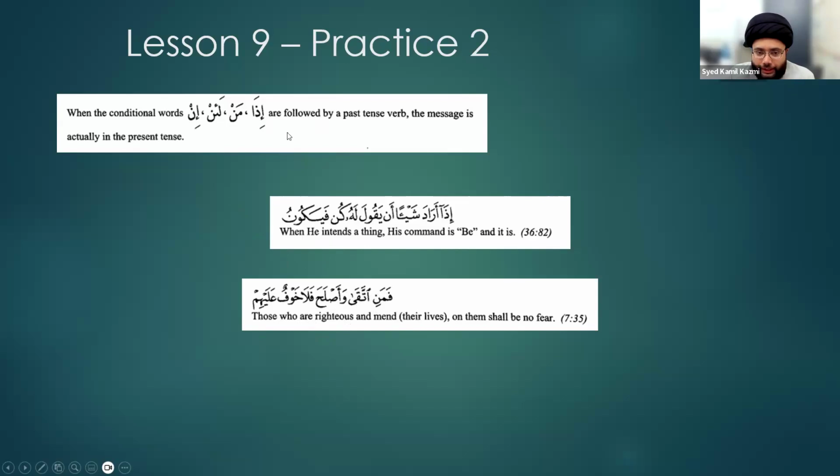The point of this lesson right here is for you guys to take this idea that when you look at the Holy Quran, and you see a harf shart like إذا, man, la'in, and in. When you see these types of words, right? One of these four words come before a past tense verb, right? Right away in your mind, know that the meaning has been taken to the present tense.